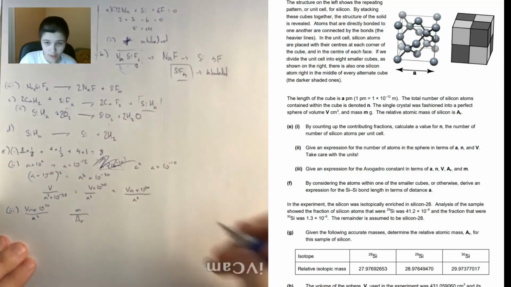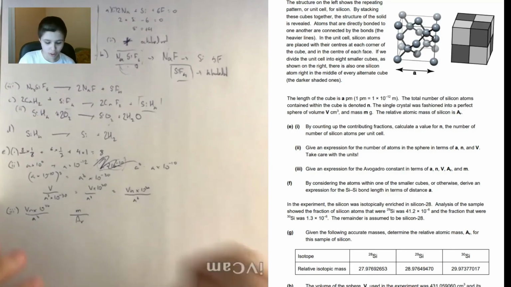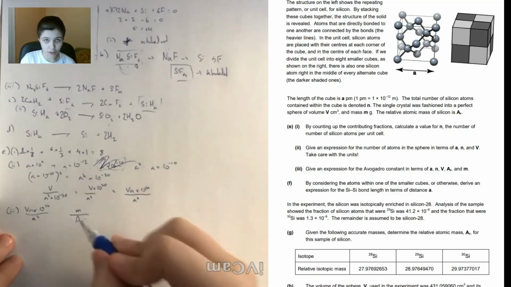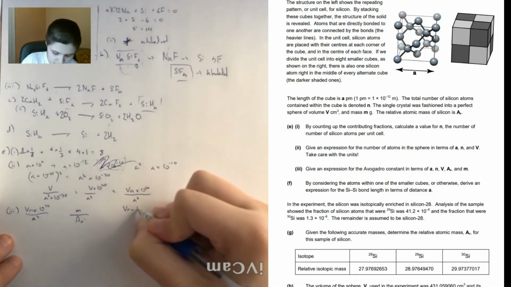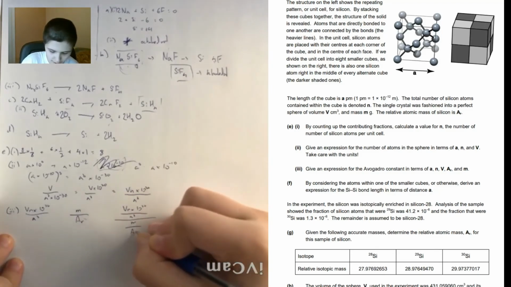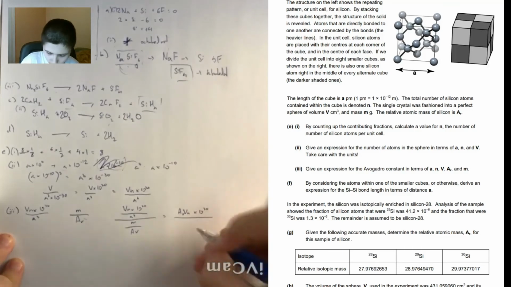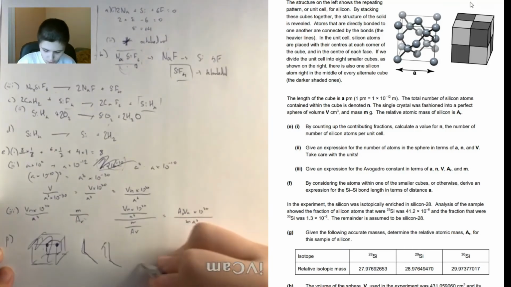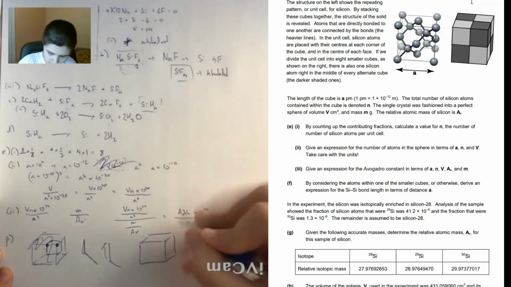And so Avogadro's number is the number of particles per mole, so dividing the total number of particles by the total number of moles is going to give me the number of particles per mole, so that's Vn times 10 to the 30 over A cubed all over m over AR, which is Vn times AR times 10 to the 30 over MA cubed.